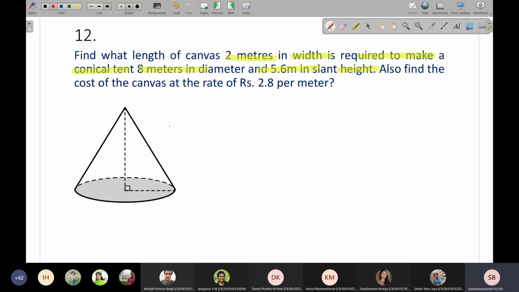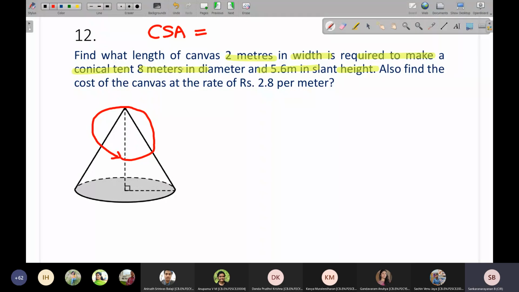So the area of the canvas required is nothing but the curved surface area of this conical tent, not the base. We are only focusing on the side, that is the curved surface alone. So you should be trying to find the curved surface area of this given cone.